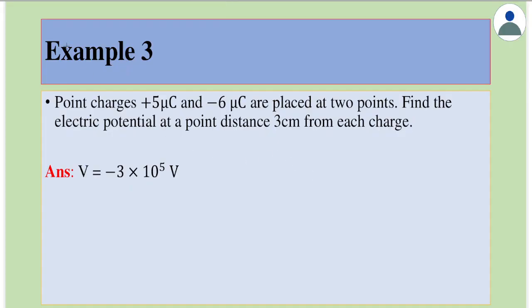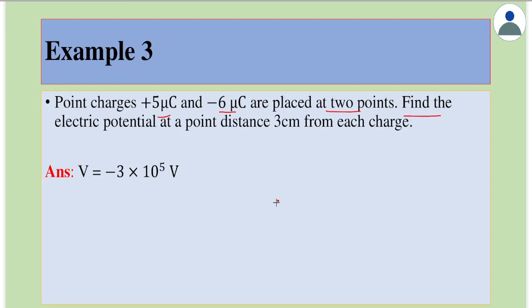Example 3 says point charges plus 5 microcoulomb and minus 6 microcoulomb are placed at two points. Find the electric potential at a point at a distance of 3 centimeter from each charge.